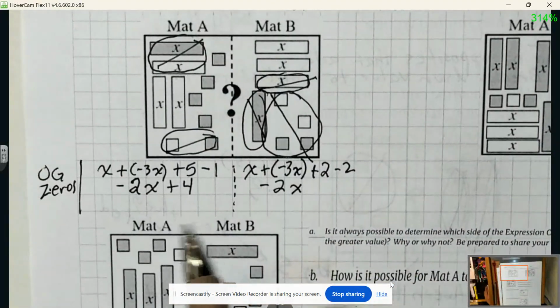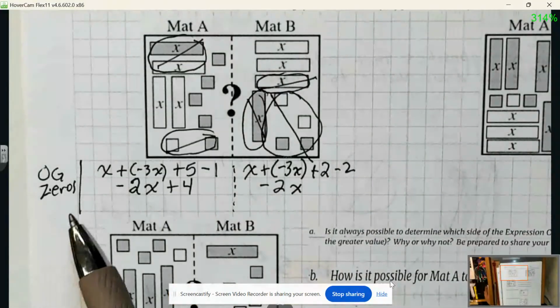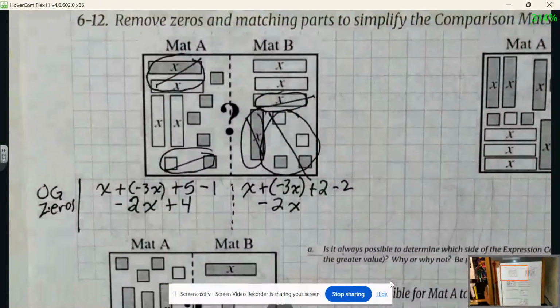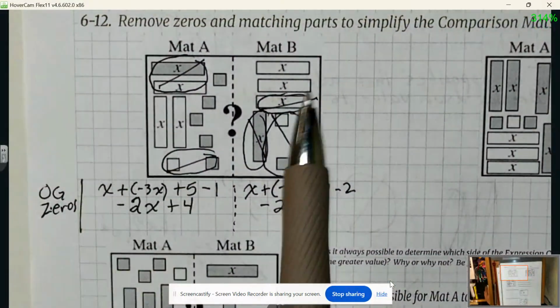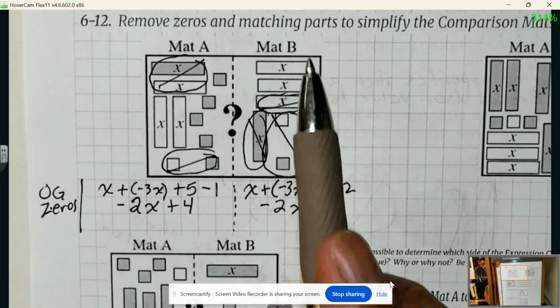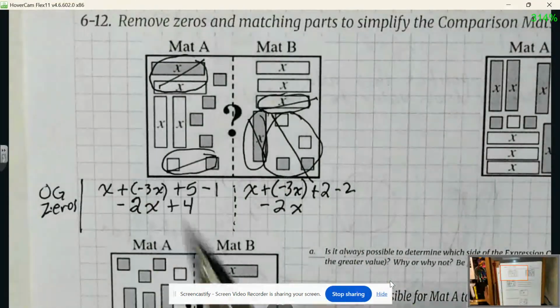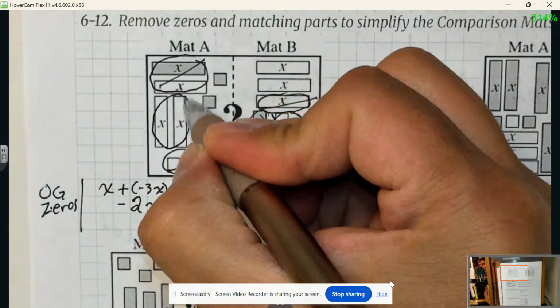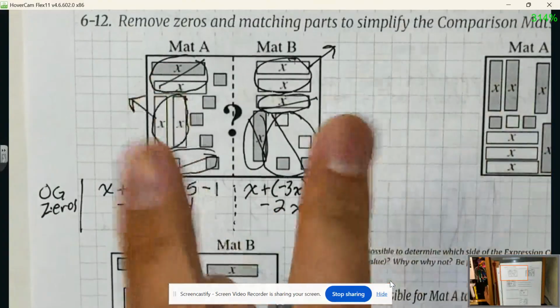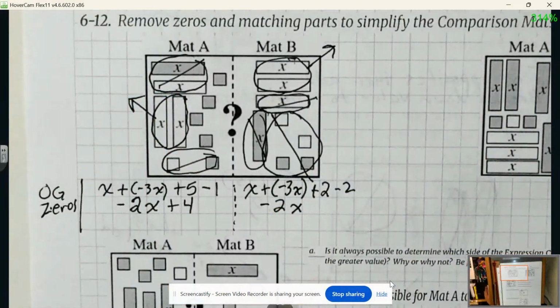So let's go ahead and do our second legal move, which in this case was removing whatever they have in common, anything that matches on mat A and mat B. So our matching tiles, you see we have two negative x's on both sides. That means that we can remove them from both sides, not affecting the balance of whatever relationship those mats both have.